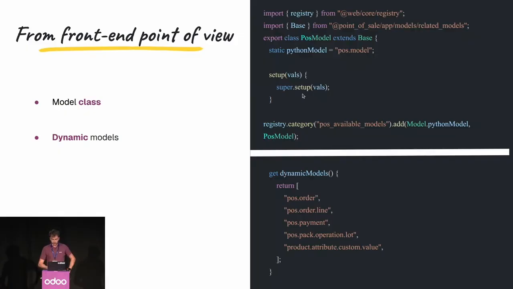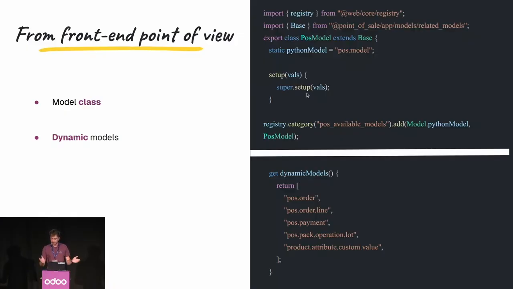But if you want to add some attributes or some methods to this record, you can always create a class with your model name. Here I used PosModel, but it can be PosConfig or anything, and just add an attribute.